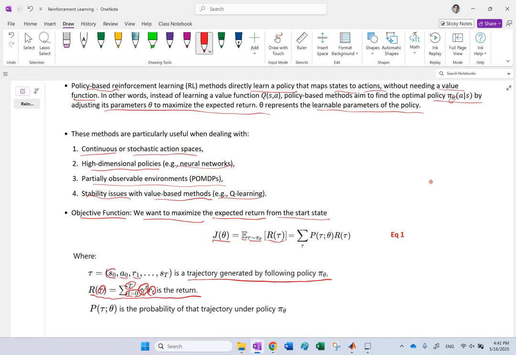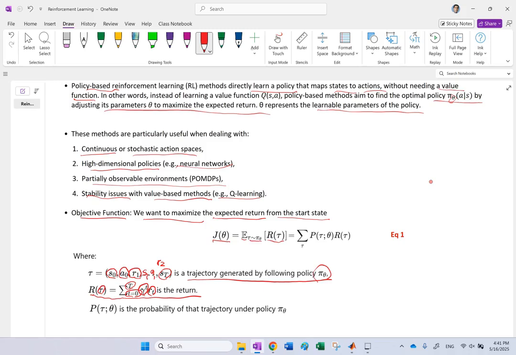So you start in a state, you follow the policy, you take an action, that gives you a reward, that also lands you in state S1. Again, you follow the policy, you go for A1, you get R2 and go all the way to the last state, which is, for instance, your goal state or something.